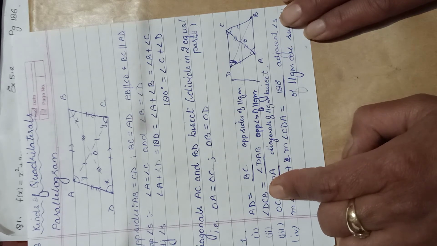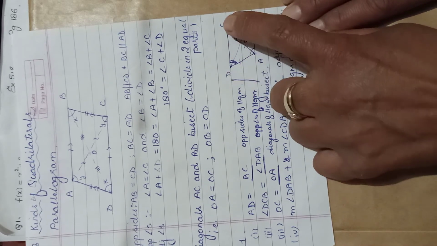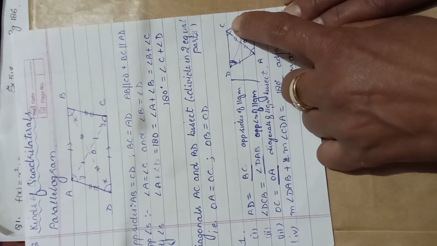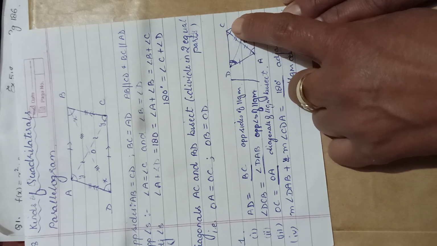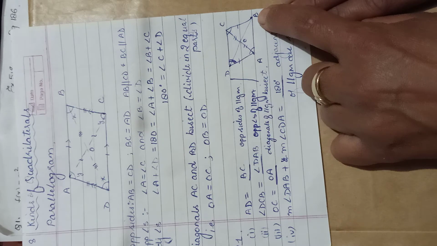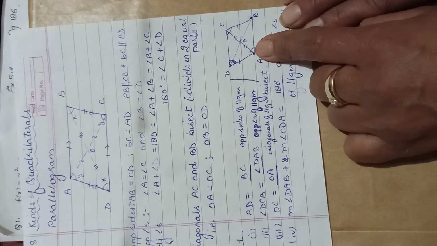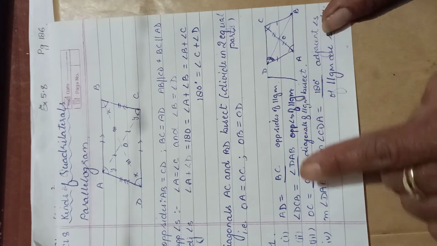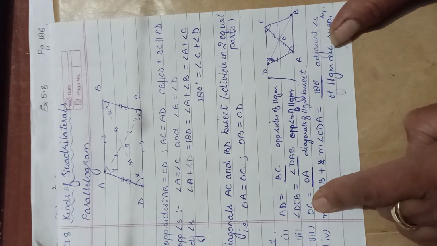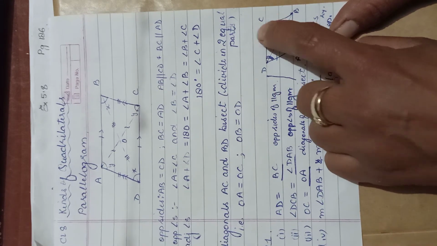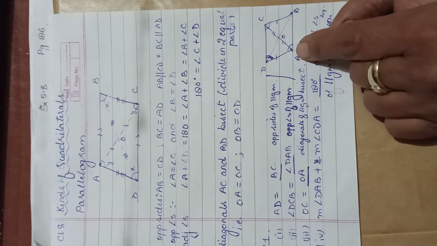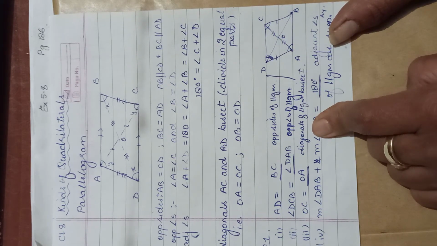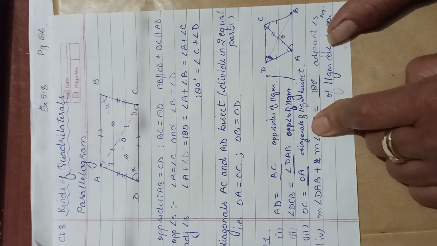Then angle DCB, this angle they are talking about, will be equal to angle DAB. Opposite angles, we just discussed, opposite angles of a parallelogram are equal. Then next, they had written OC will be equal to OA. We had just seen the property, diagonals bisect each other.